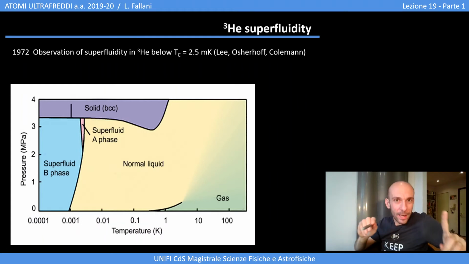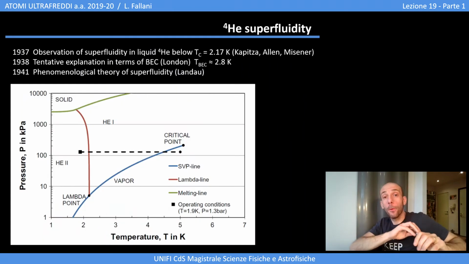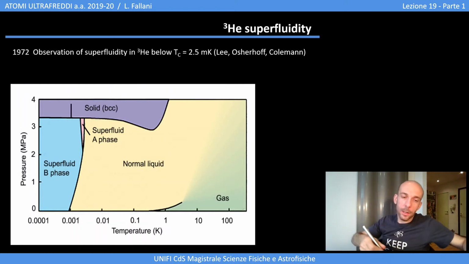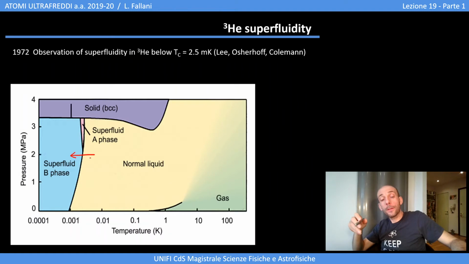So much less than the temperature that you had for helium-4. 3 orders of magnitude lower. And the physics is pretty much the same. So there are differences, of course, that I will not touch in any detail, but even in this case, at some point you have a phase transition from a normal liquid to a superfluid phase at these very low temperatures.